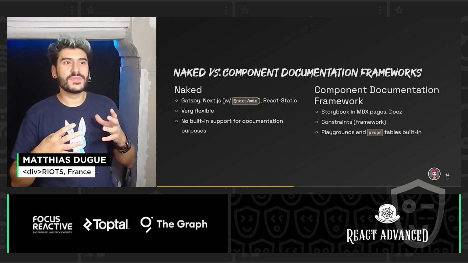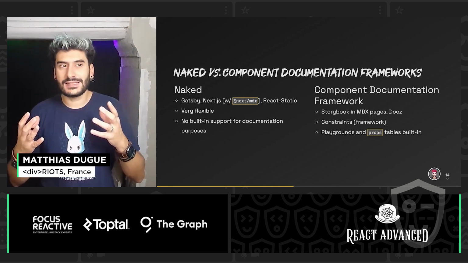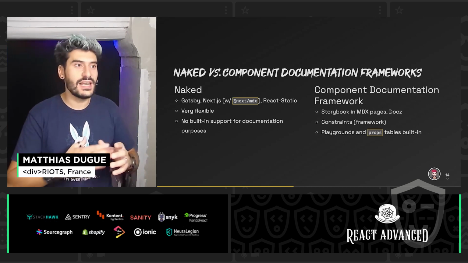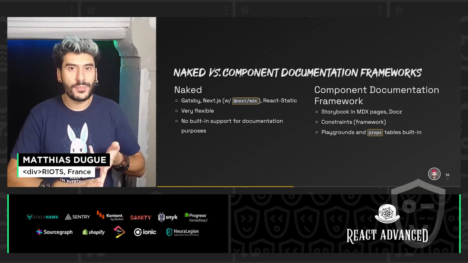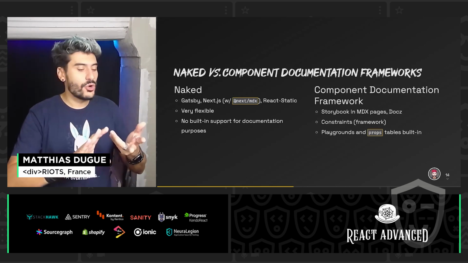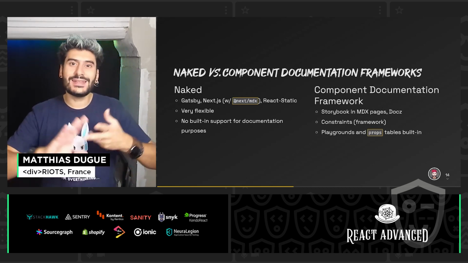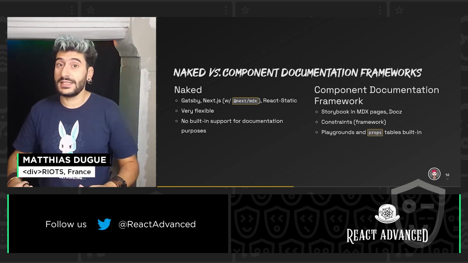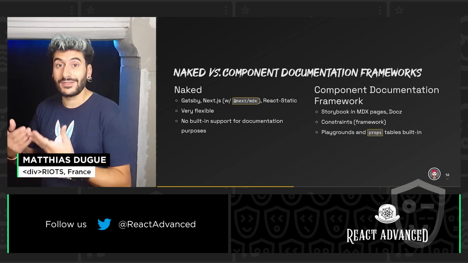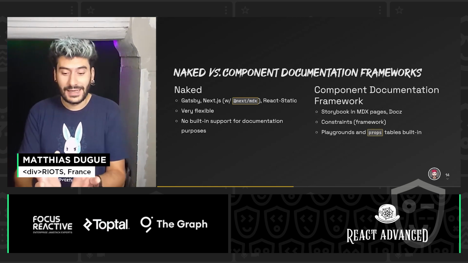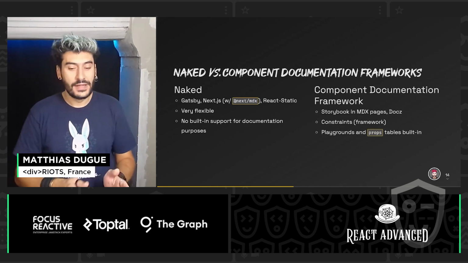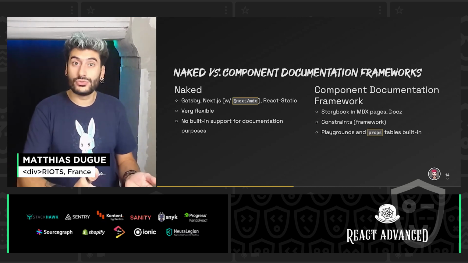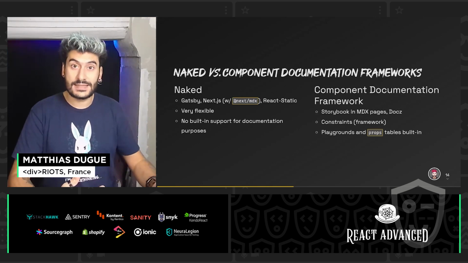But this is totally naked, in the sense that I don't have any preset, any layout, any playgrounds, any props. More on that later. So you have to do anything that you want by yourself. You are totally free. This is completely flexible, but this is a lot of work at first just to have something working and a documentation working. But this is really, really handy if you just want to produce Markdown with JSX syntax.